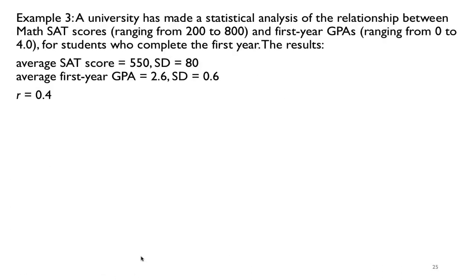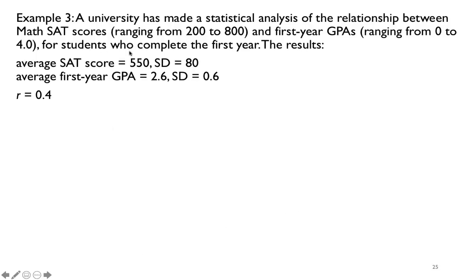Okay, here's another example. This example is a little bit different. Suppose that you have some data that explains the relationship between the math SAT scores of a group of first-year students and the corresponding GPA ranging from 0 to 4.